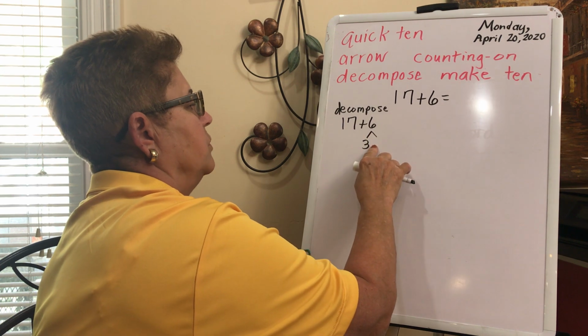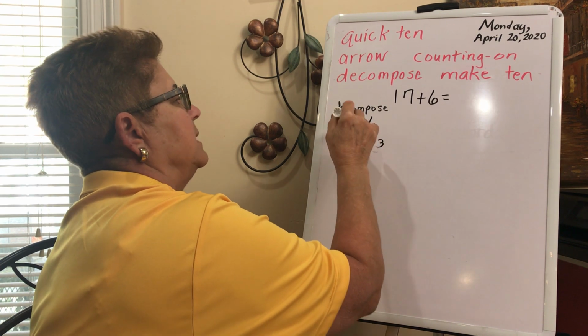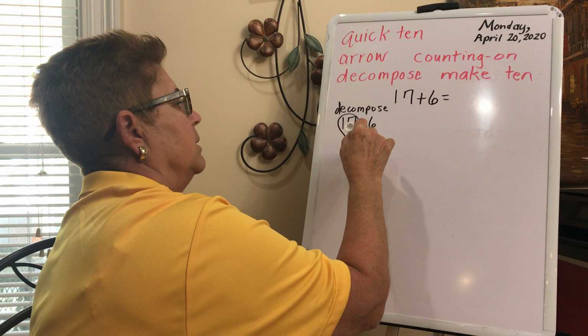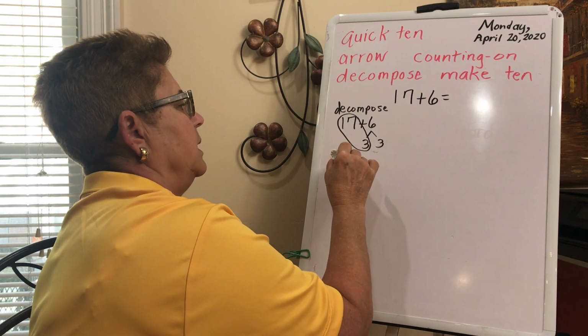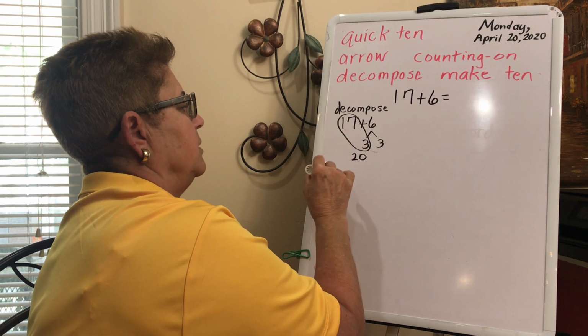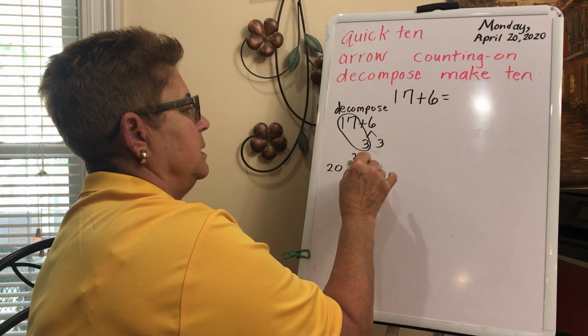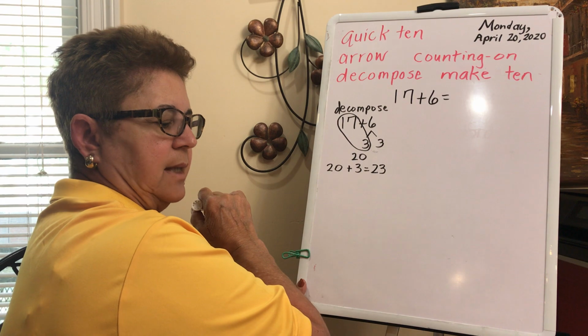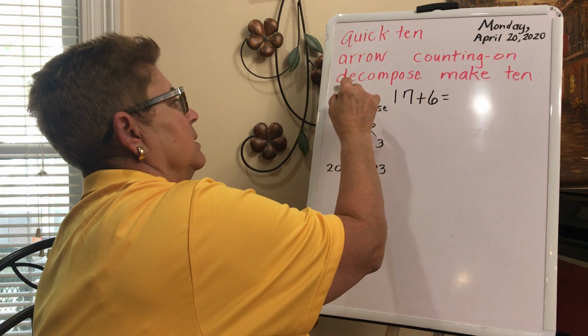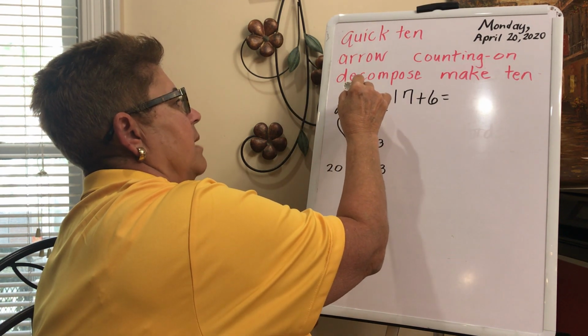And so, move it over some. And so then they know that 17 plus 3 is 20. So they're saying 20 plus 3 equals 23. And guess who did that one? Aiden did that one. Good job, Aiden.